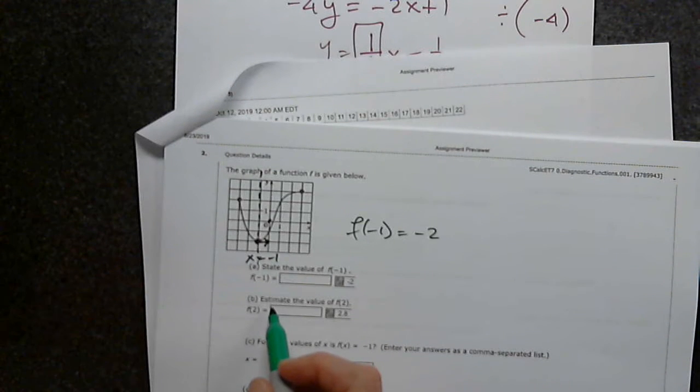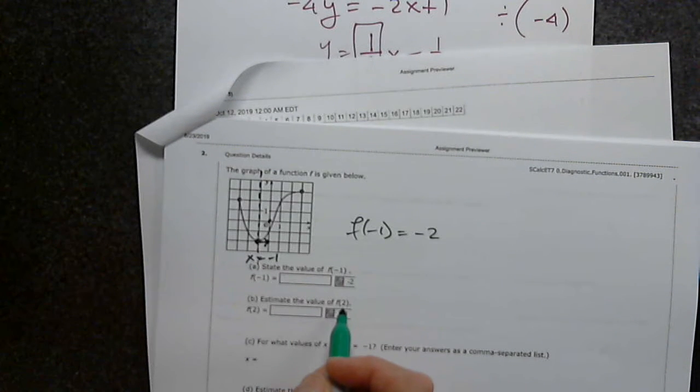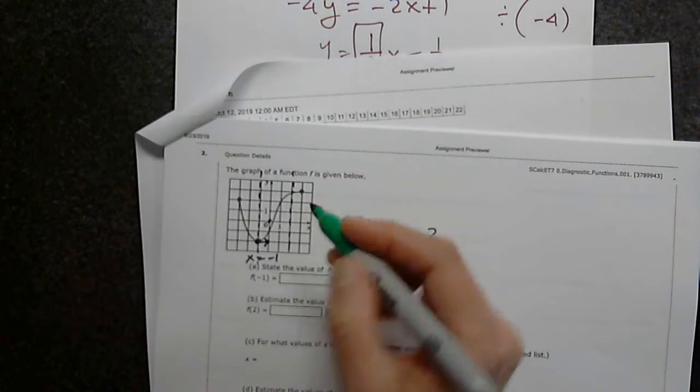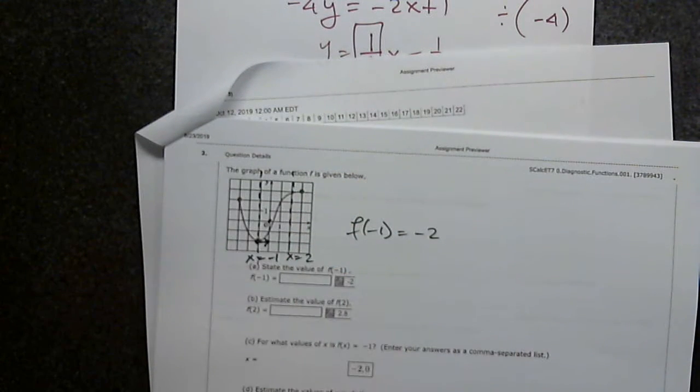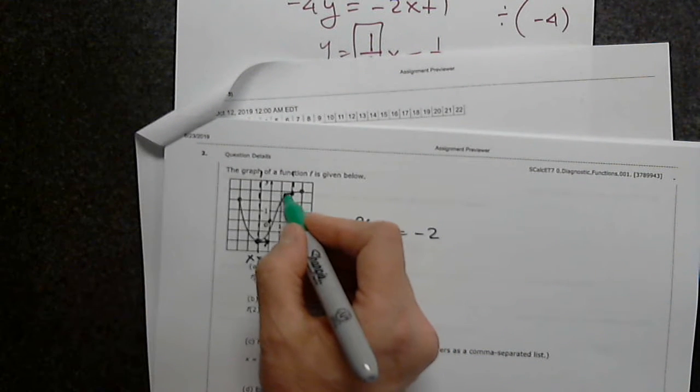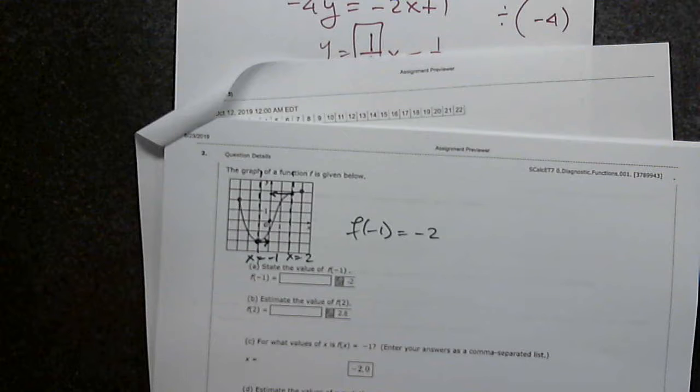Okay, then they want us to estimate the value of f of 2. In the same way, for f of 2, I draw a vertical line which represents x equals 2, or just imagine that I draw it. And this is the point, and I try to estimate that value. They said here 2.8, but they should accept a wide range of answers. It can be 2.75.